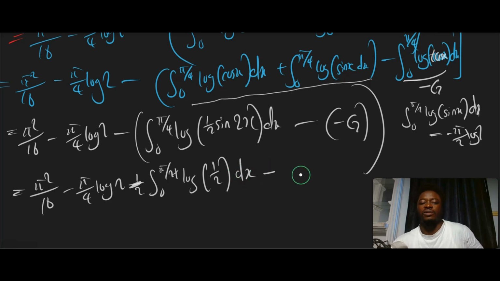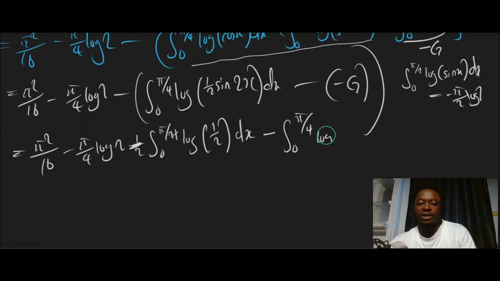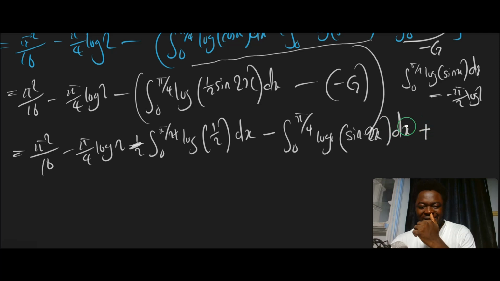Then you have minus the integral from 0 to pi over 4 of the logarithm of sine 2x dx, then plus minus G. The reason is minus G is because this is plus G, but this minus is going to make it minus G. So yes, I think everything is good and fine.